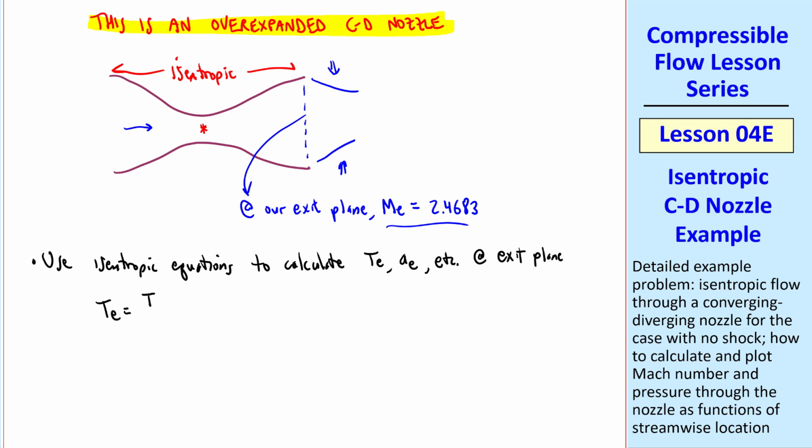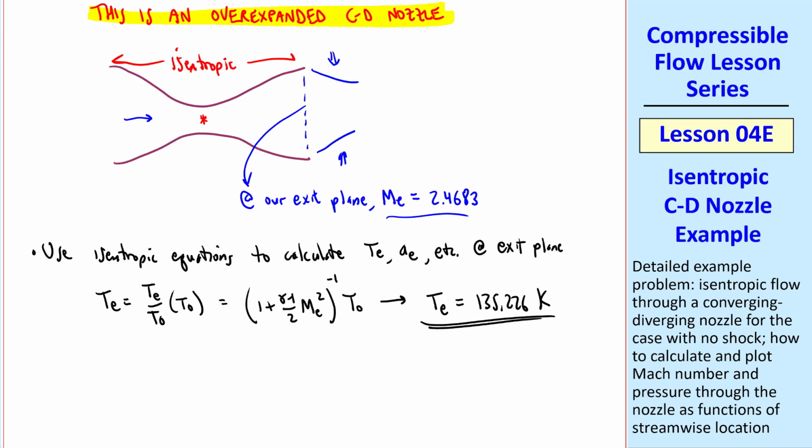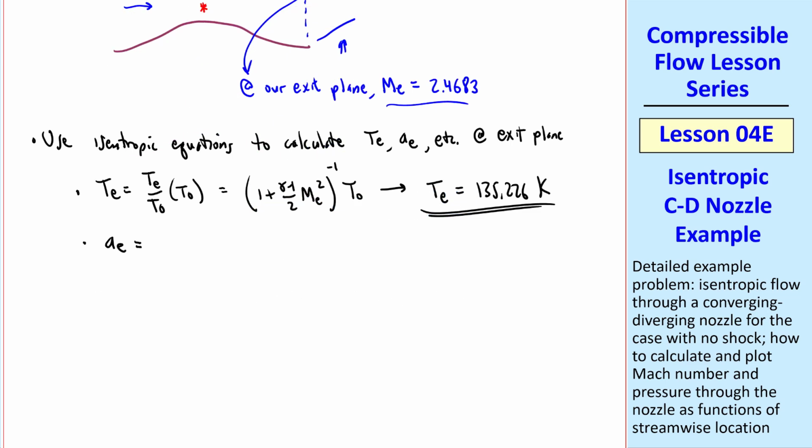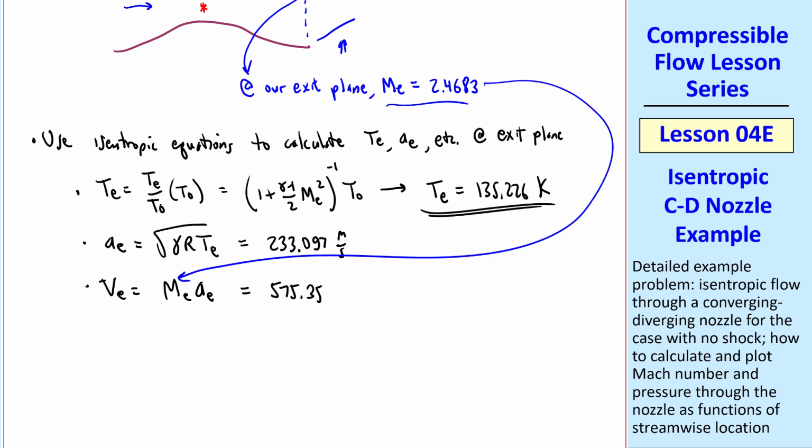Namely, TE is TE over T naught times T naught, and TE over T naught comes from our isentropic relation, and you can verify that this turns out to be 135.226 K. From this, the speed of sound at the exit plane is square root of gamma R TE, which you can work out to be 233.097 meters per second. And then finally, VE is ME times AE. And we plug in this ME, and I get 575.35 meters per second, which to 3 digits is my final answer.